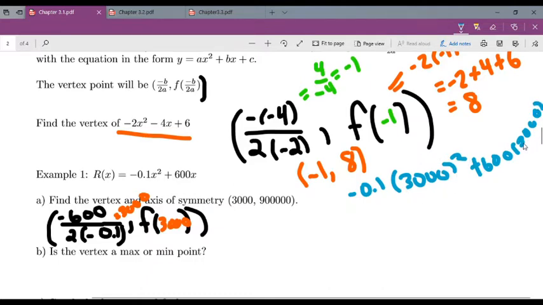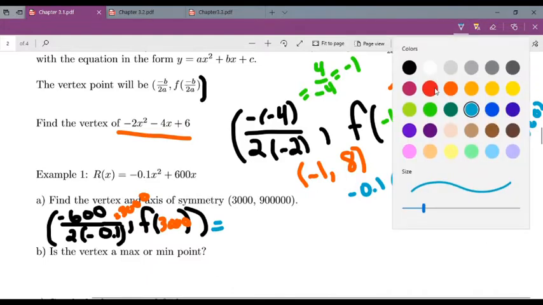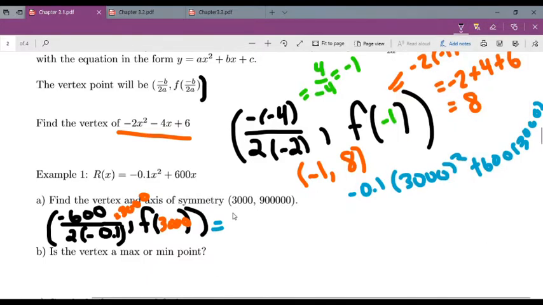That's a 3 as well. Okay, so I've got negative 0.1 times 3,000 squared plus 600 times 3,000. If you do that, what you get is 900,000. So that this simplified would be 3,000 comma 900,000.